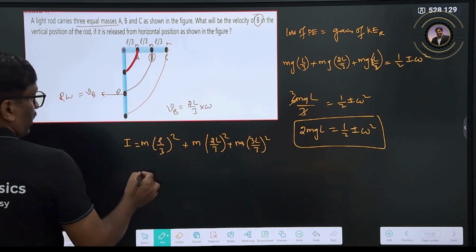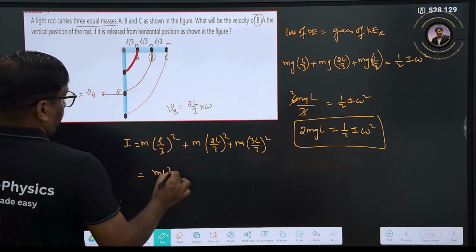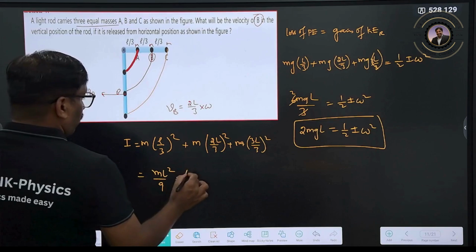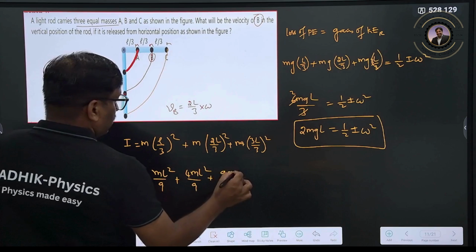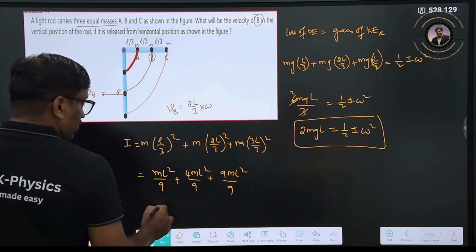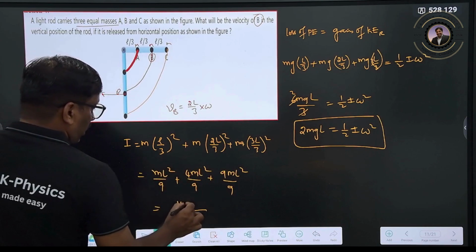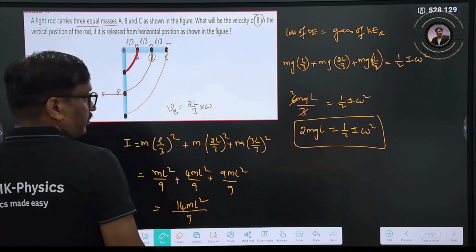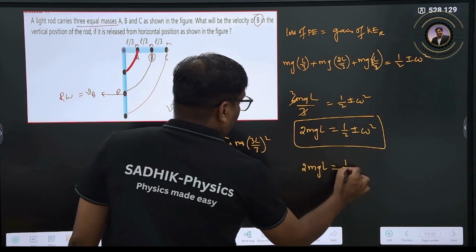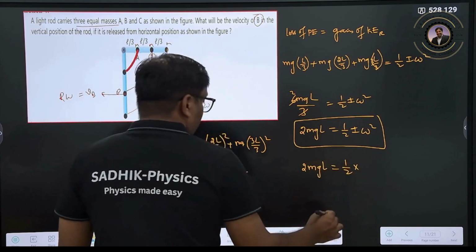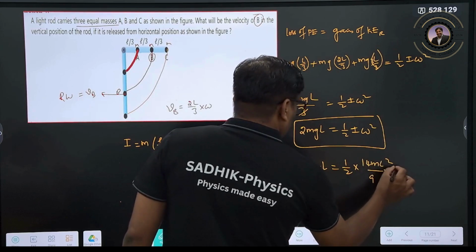So this is the moment of inertia of these three particles: ml square by 9 plus 4ml square by 9 plus 9ml square by 9. All denominators are 9, so 14 ml square by 9, clear? Therefore 2 mgl equals 1 by 2 into 14 ml square by 9 into omega square.